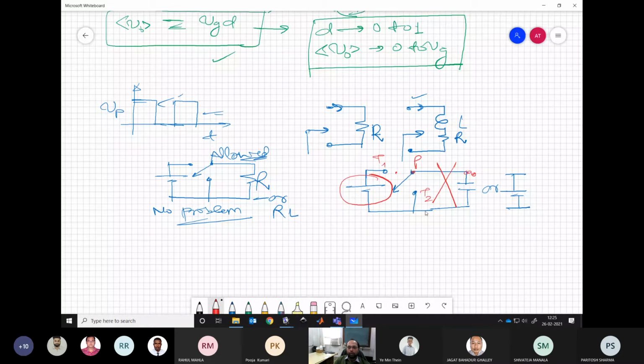We will be shorting two different voltage levels. So in the first case VO will be shorted to VG, and in the second case VO will be shorted to ground. Both these states are disastrous for this converter. So this is not allowed. Now what do we do? If we have only limited options for the load, then our power converter also has limited application. It cannot be used for a generic purpose.